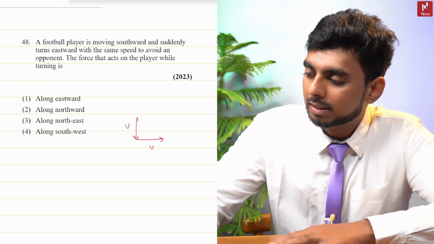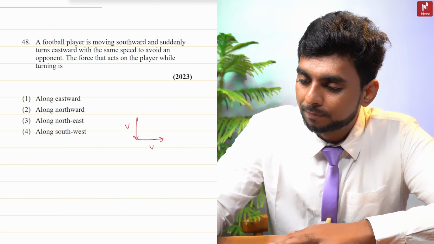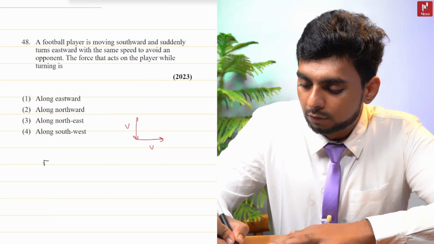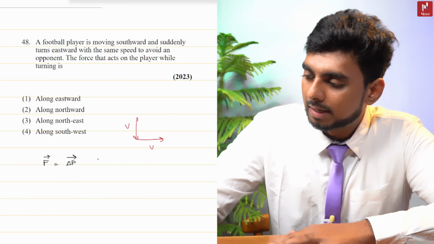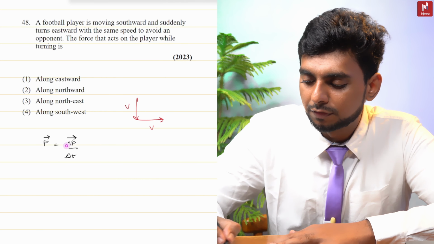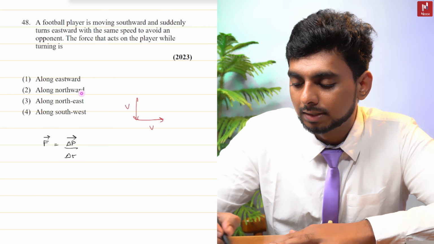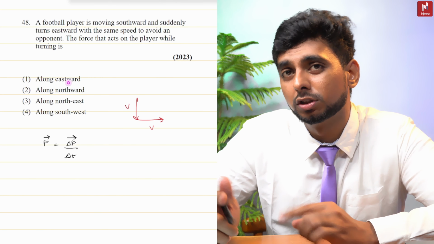Force is nothing but the change in momentum divided by the time interval, right? So to get the force, I need the change in momentum and its direction divided by the time interval. Here they are not asking us to find a magnitude. I just need to get the direction with which the force is going to act.